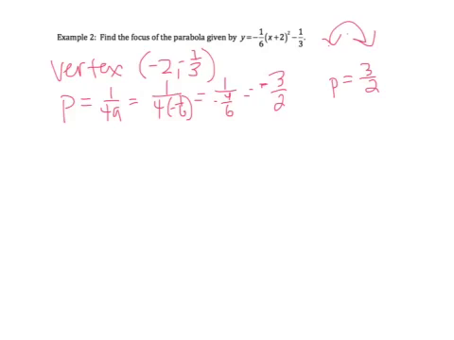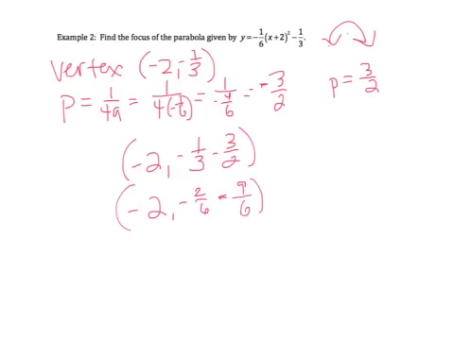I'm going to take my vertex, and the x-coordinate is going to stay the same, but for the y-coordinate, I'm going to subtract p from it. I need to make a common denominator, so this will be negative 2, negative 2/6, and this will be 9/6. My final answer winds up being (negative 2, negative 11/6), and that is going to be my focus.